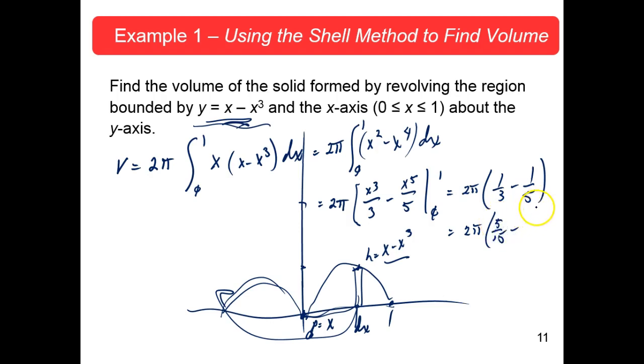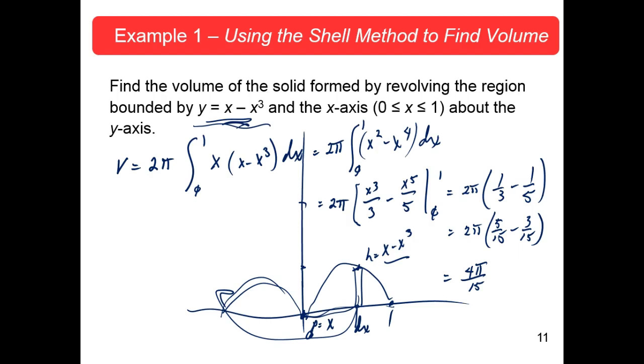Minus how many 15ths is 1/5? 3 15ths. And that would be 4 pi over 15, wouldn't it? I think. Right? I hope. Let's see what they got. 4 pi over 15. Good for them. They got it right too. Any questions? Does that make sense?